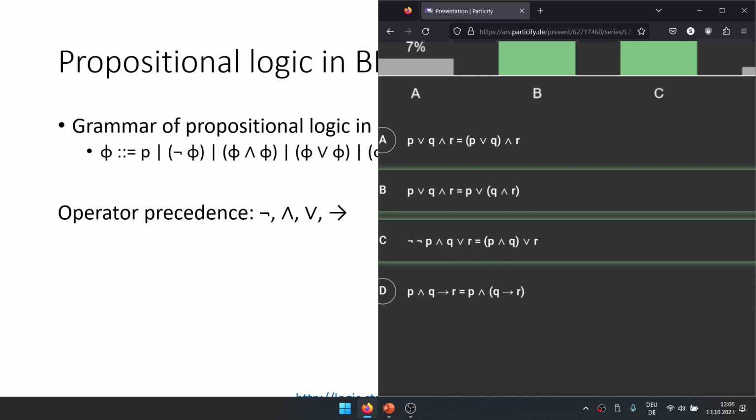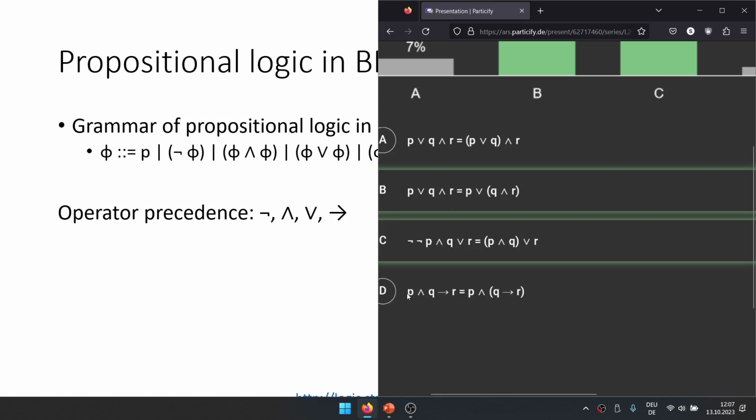Then D, we have something that is not correct. So here it says that the implication basically binds Q and R together. But that's not correct because we have a conjunction here that binds P and Q stronger than the implication.